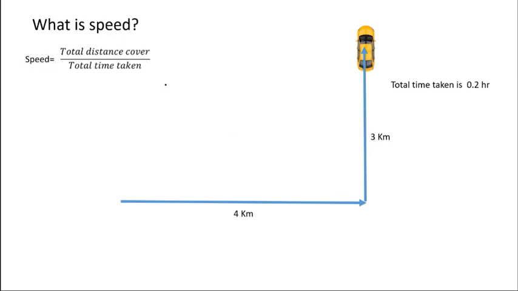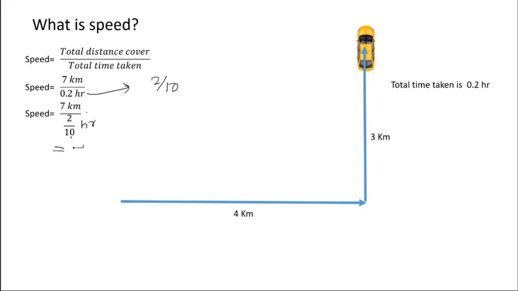And what is speed? Speed is equal to total distance covered divided by total time taken. And what is the total distance covered? 7 kilometer divided by 0.2 hour, which is equal to 7 kilometer divided by 2 by 10 hours, because this is 2 by 10. And that is equal to 7 into 10 by 2, because this becomes multiplication.